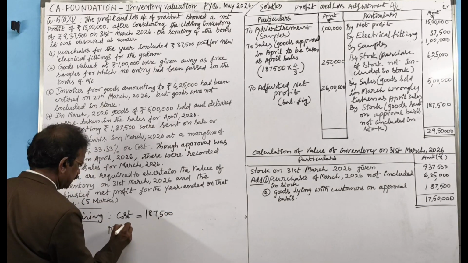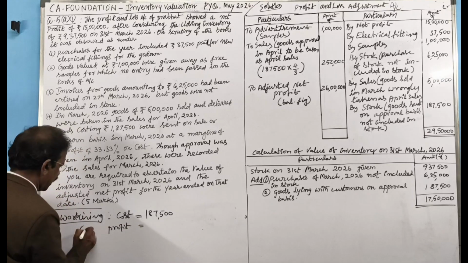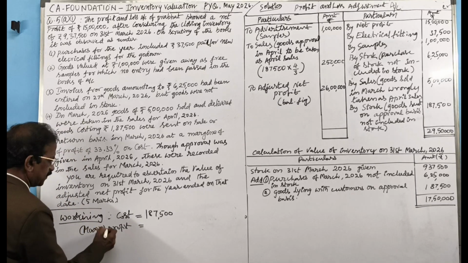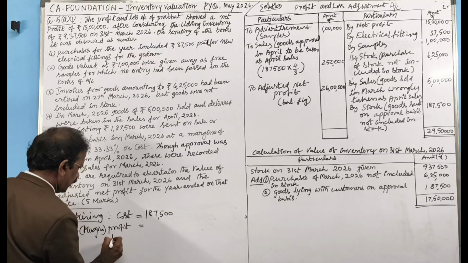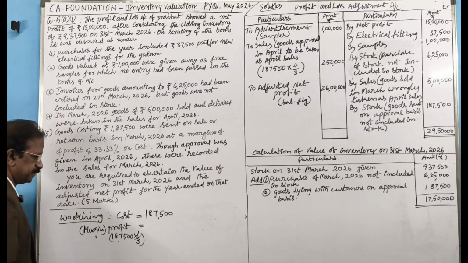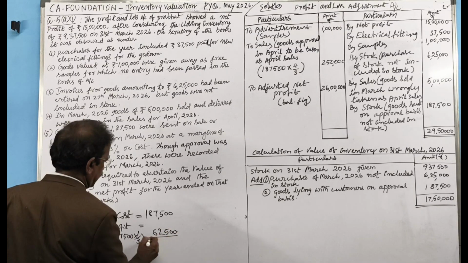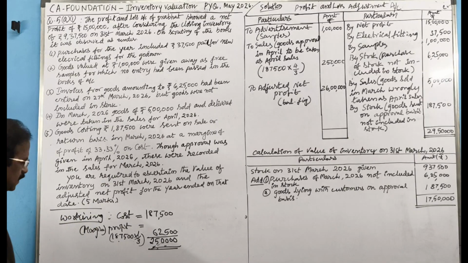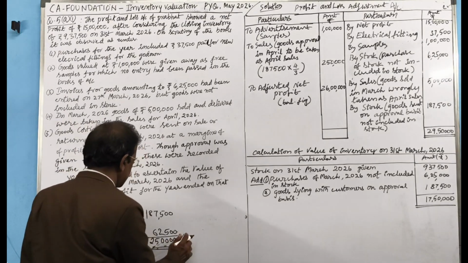Profit or margin is equal to 1,87,500 into 1 by 3, 62,500. Sale price is 2,50,000.